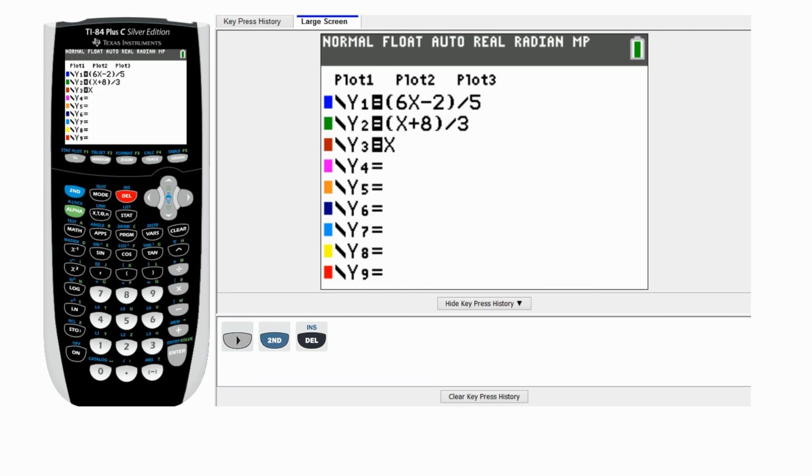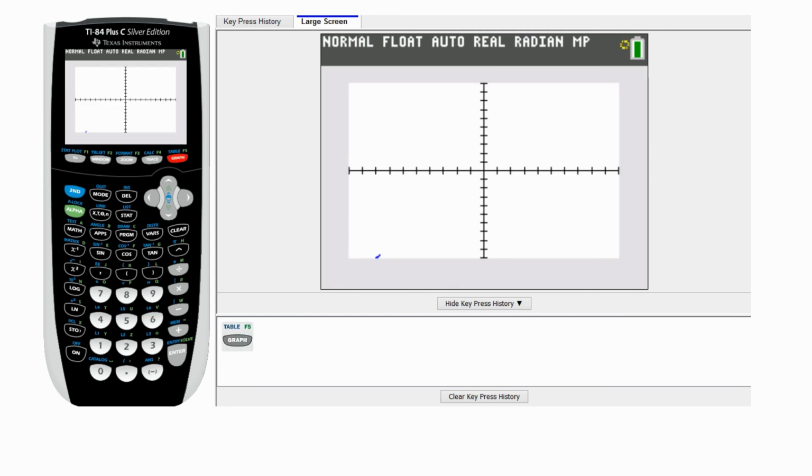The x changes from the x to a line at the bottom. I type in 5, and it inserts 5 in front of x. Then I arrow over, replace the 8 with 2, arrow over, and replace the 3 with 6. And I still have my y equals x. So I'm ready to graph.